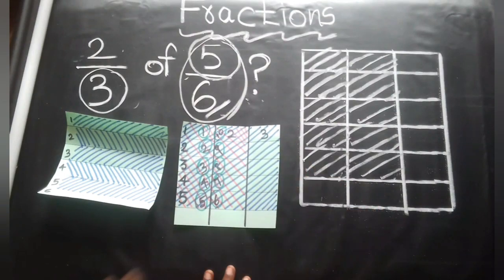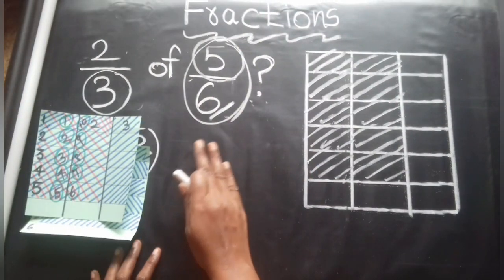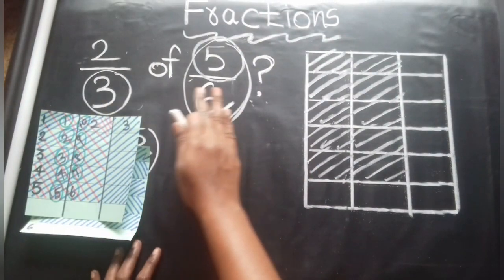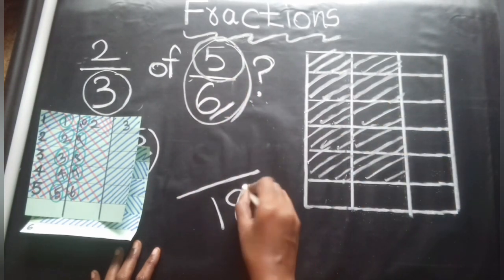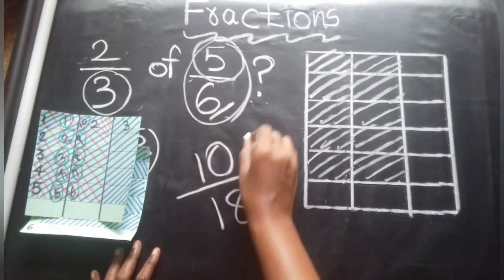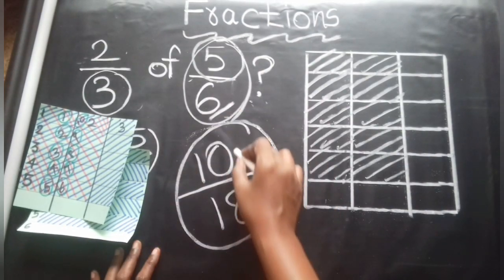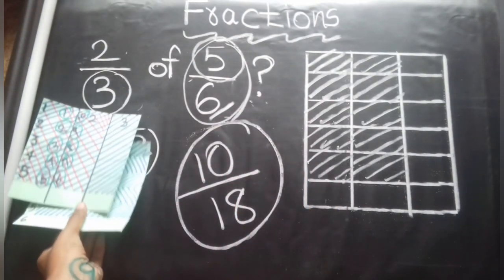This is the same as this figure. Now let us conclude, what is 2 by 3 of 5 by 6? Out of 18 equal parts, 10 parts are shaded. So the answer is 10 by 18.